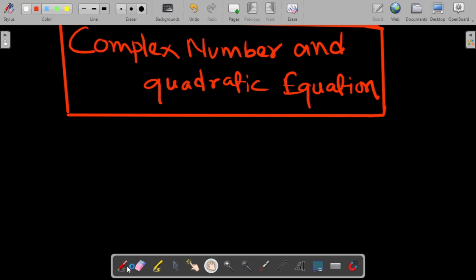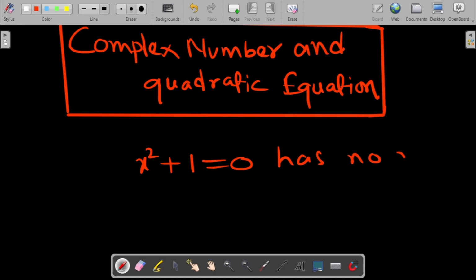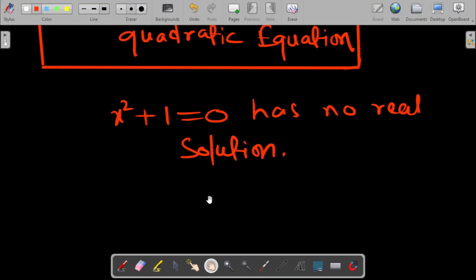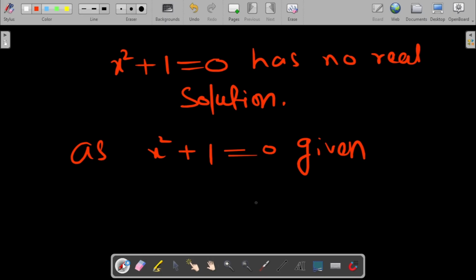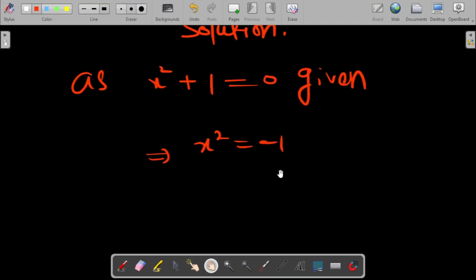We have seen that x squared plus 1 equal to 0 has no real solution. x squared plus 1 equal to 0 gives x squared equal to minus 1. So there exists no real number such that x squared equal to minus 1.